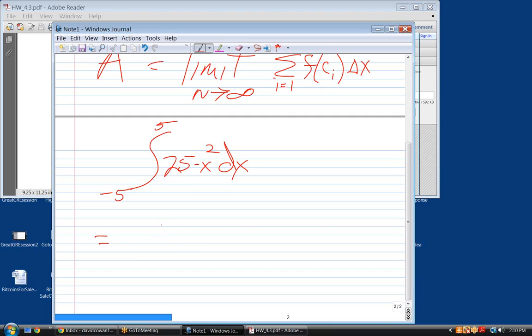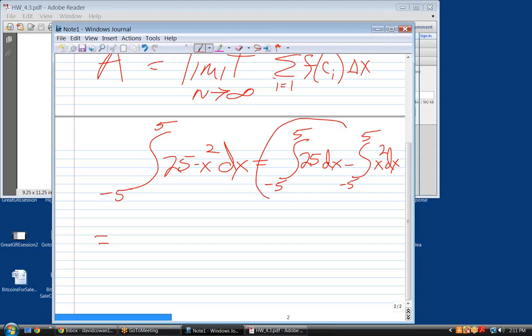Look, you solve it. First of all, it's equal to this. In other words, when you're subtracting, you can separate it into two integrals. When you're adding, you can separate it into integrals. Multiplying and dividing, different story.